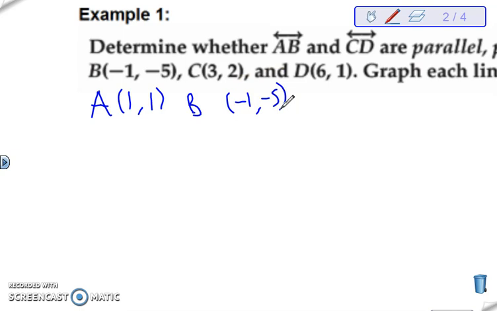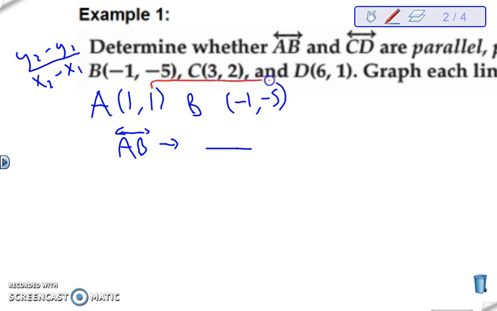If I want to know which direction this line points, I need to find the slope. So from A to B, I'm going to take my y2 minus my y1 over x2 minus x1. So we're going to subtract the y's and then subtract the x's.